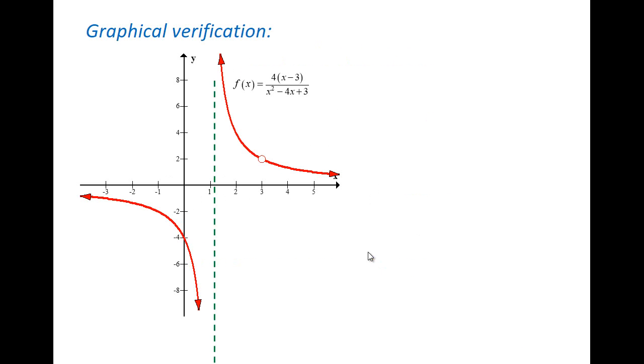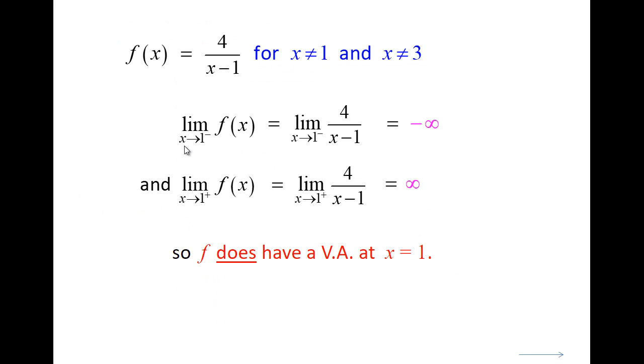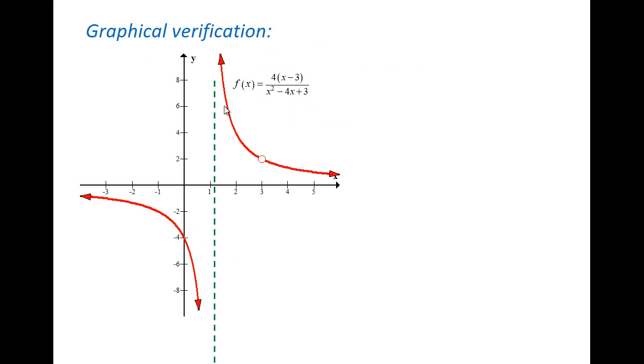So here is the graph of f. Notice that this graph is in fact the graph of the function 4 over x minus 1. The graph of f only differs from that by putting a hole at the number 3. Remember, this function is undefined at 3, but we were able to cancel out the factor x minus 3.